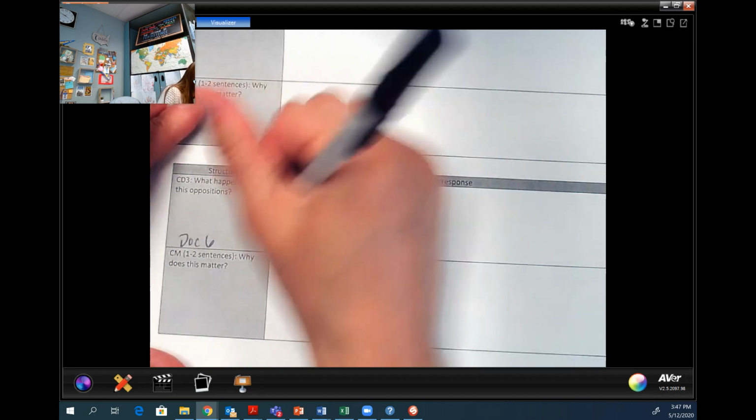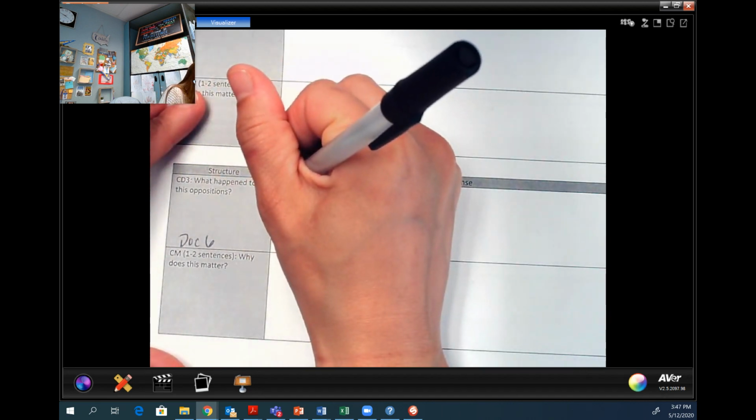Okay, so for example, we just read document 6. So I'm just going to write document 6 as a reminder for myself. And I'm going to use a CD from here. Now there's a lot that I could use, and you can obviously use different ones, but I'm going to do this.